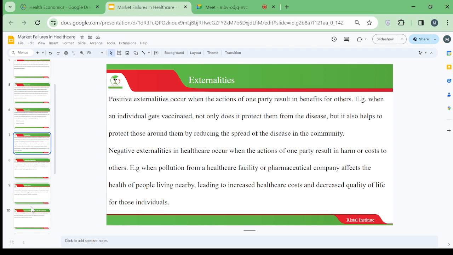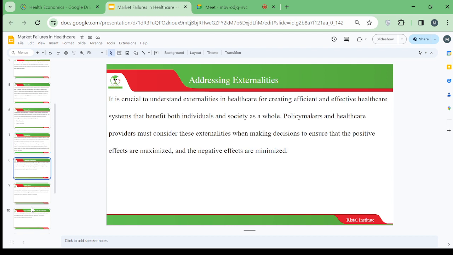So we move to the role of government or even other key stakeholders in health in addressing externalities. If you understand externalities, then it is very possible that you create a healthcare system that is efficient and effective, where the individuals and the society actually benefit as a whole.